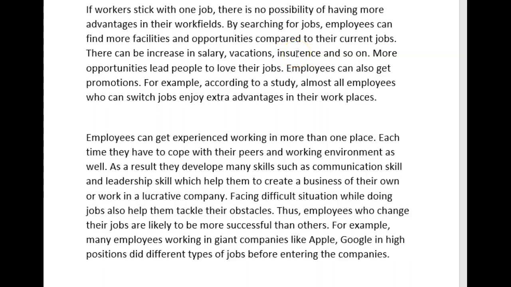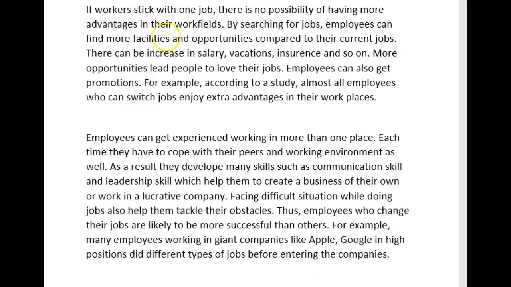More opportunities lead people to love their jobs. Employees can also get promotions. For example, according to a study, almost all employees who switch jobs enjoy extra advantages in their workplaces. Okay, so this is good. There are again still a few things that I want to fix and look at here.